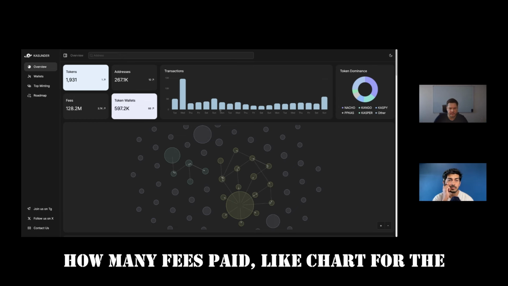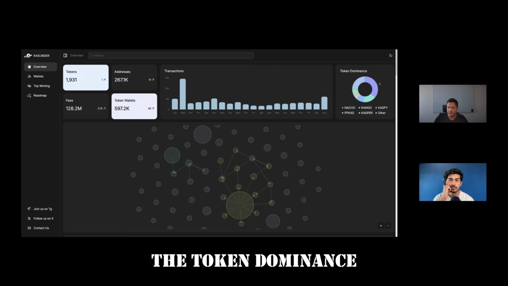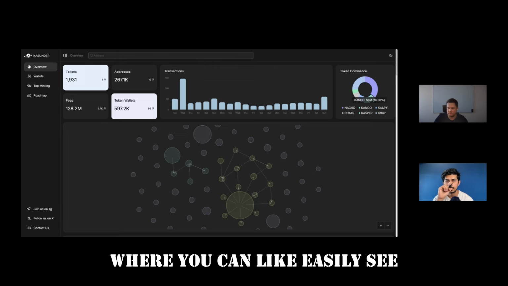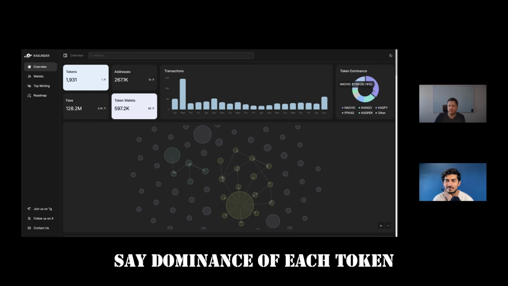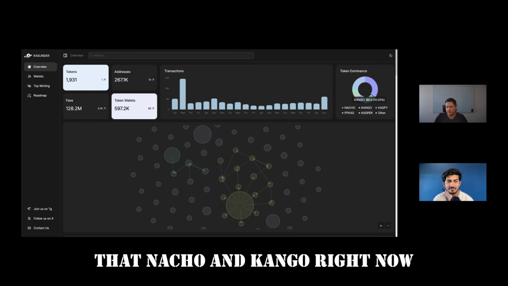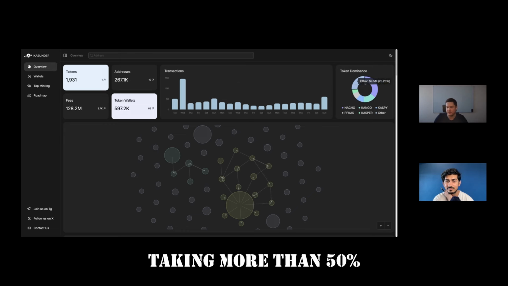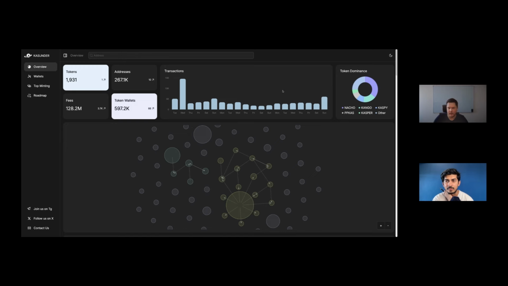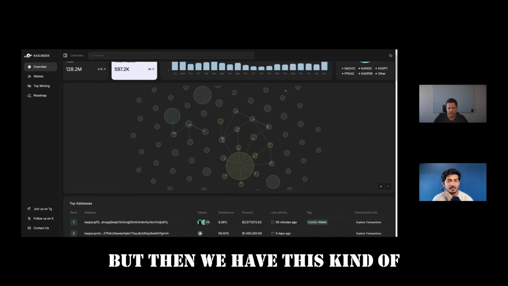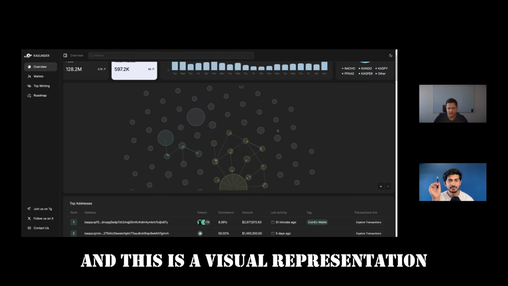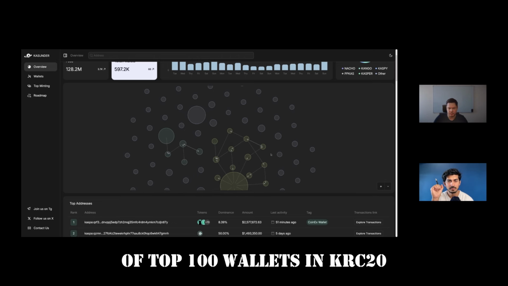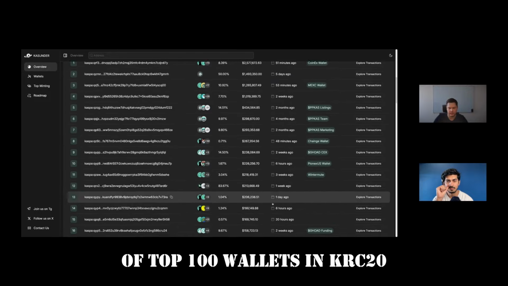Then how many fees are paid, charged for the transactions per day, and the token dominance, where you can easily see the current dominance of each token. For example, we can see that Nacho and Kango right now take more than 50% of the whole market cap of the KRC20 ecosystem. Then we have what we can call bubble maps, a visual representation of the top 100 wallets in KRC20.